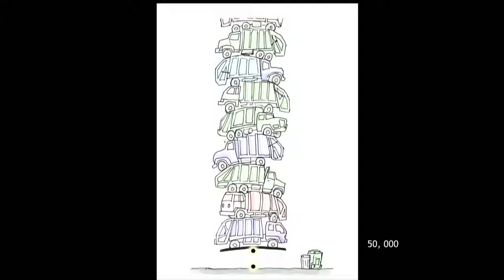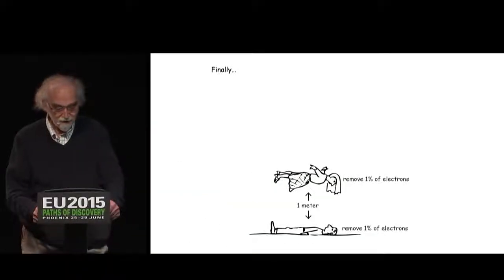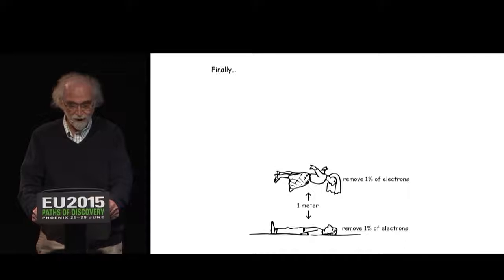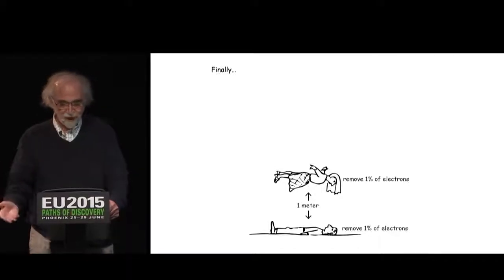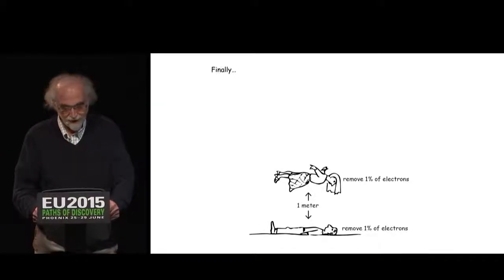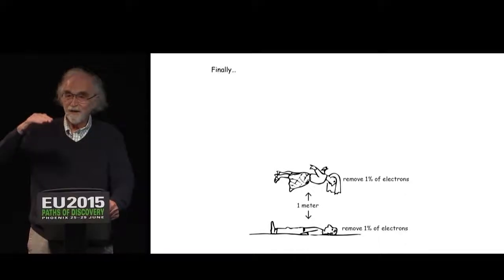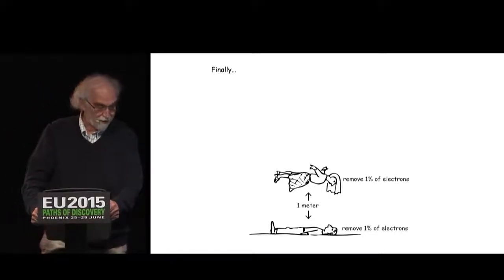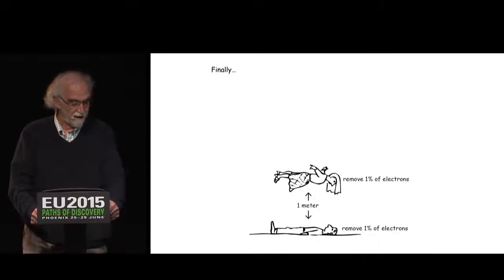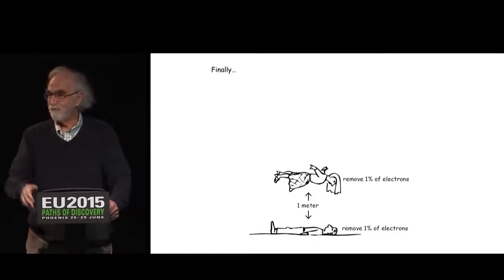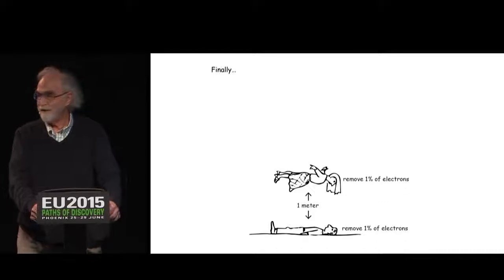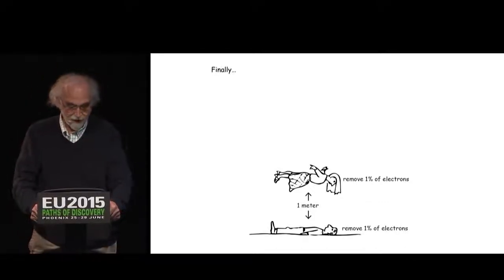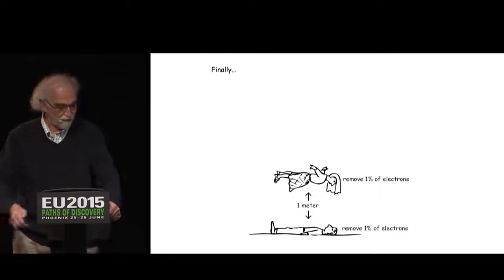Finally, not to belabor the point, but it's an important point. Consider this. Suppose you're lying down and somebody is suspended 1 meter above you. You remove 1% of her electrons and 1% of the electrons of the person below.